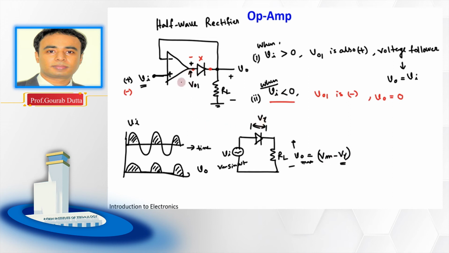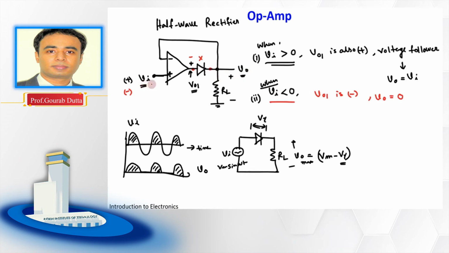But for this circuit, what you can see is that whatever is the input voltage, that will be the output voltage in the positive half cycle. That means the voltage drop across this diode when the diode is in forward bias is compensated by this op amp. The op amp will adjust its output voltage, which is V01, such that this V gamma part it can accommodate here, so that at this output voltage V output you get only the Vi.